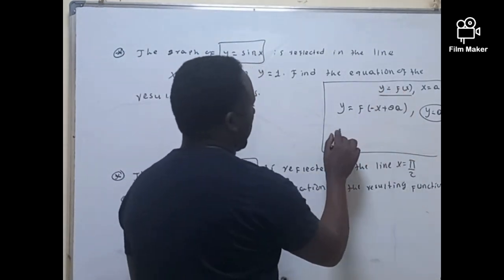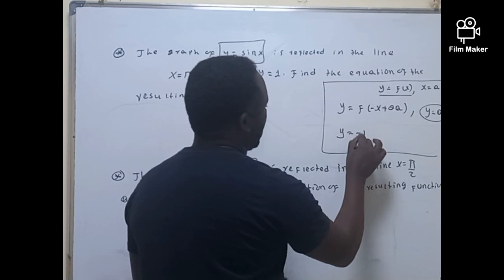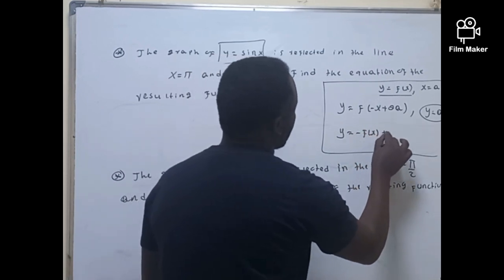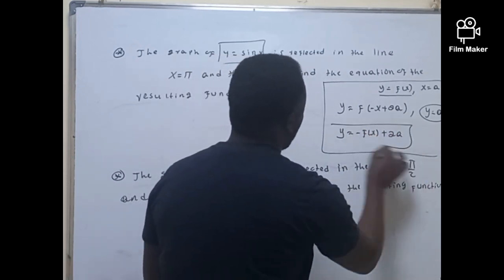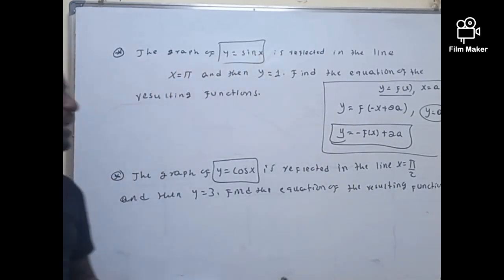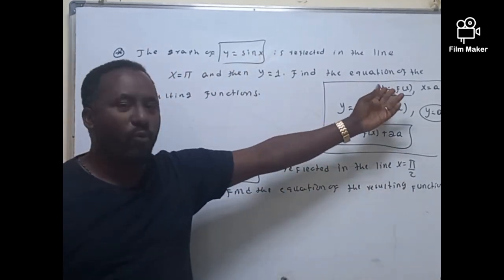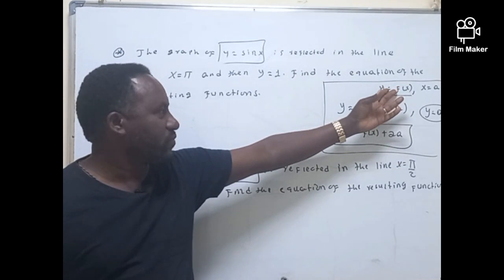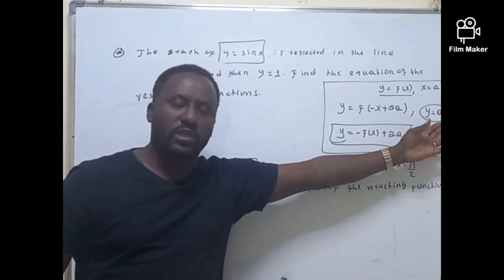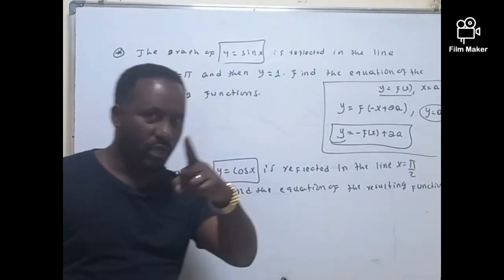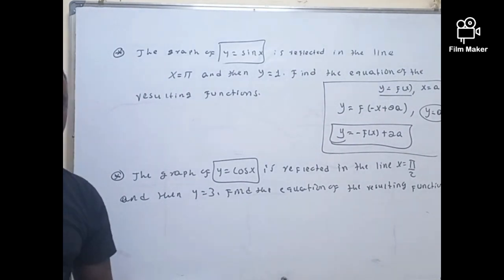The image is going to be y is equal to negative f of x plus 2a. This is the image of this function when we reflect it along the horizontal line y is equal to a. So here, don't forget this always.